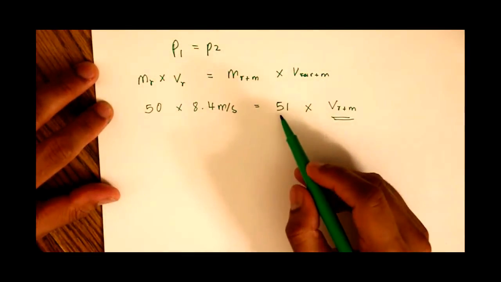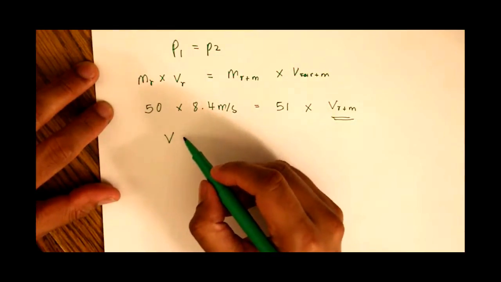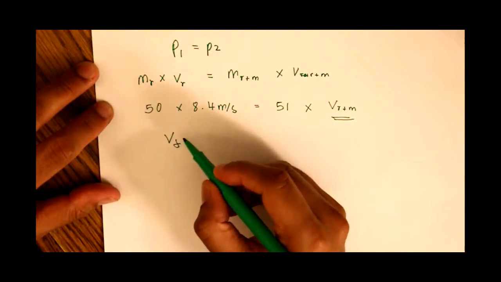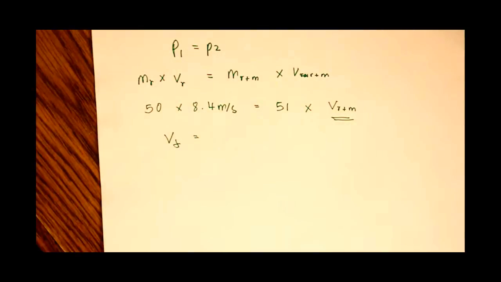So essentially you just bring this 51 down here and you can find the final velocity, that means the velocity of the raindrop with the mosquito attached to it.